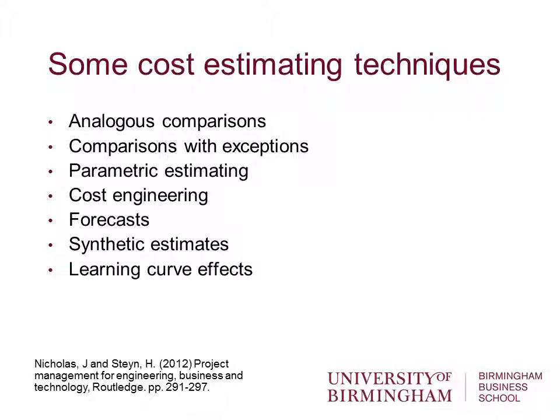Possibly synthetic estimates or learning curve effects, such as if we've got repeatable elements in the project, maybe the first element will take more time and cost more, and then subsequent ones, where the project manager and the project team have learned from the first element, they can repeat and repeat repeatable elements of the project and get faster and reduce the costs.